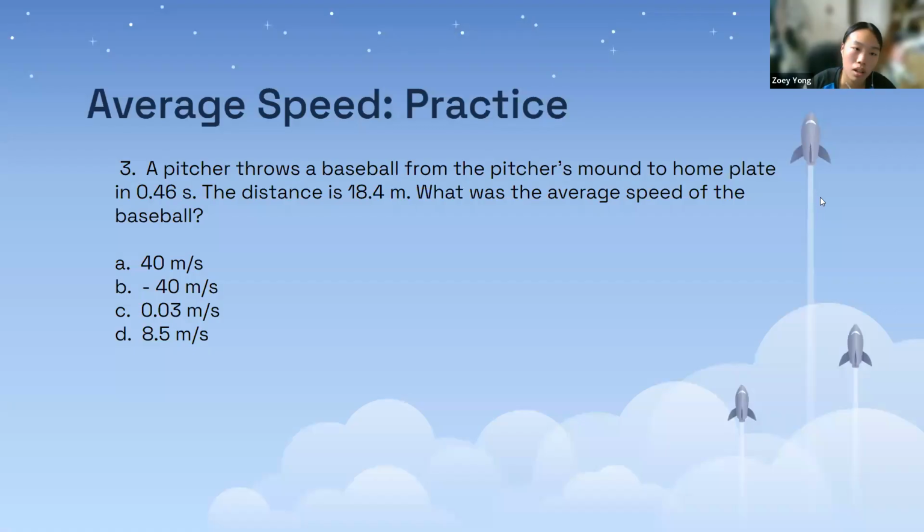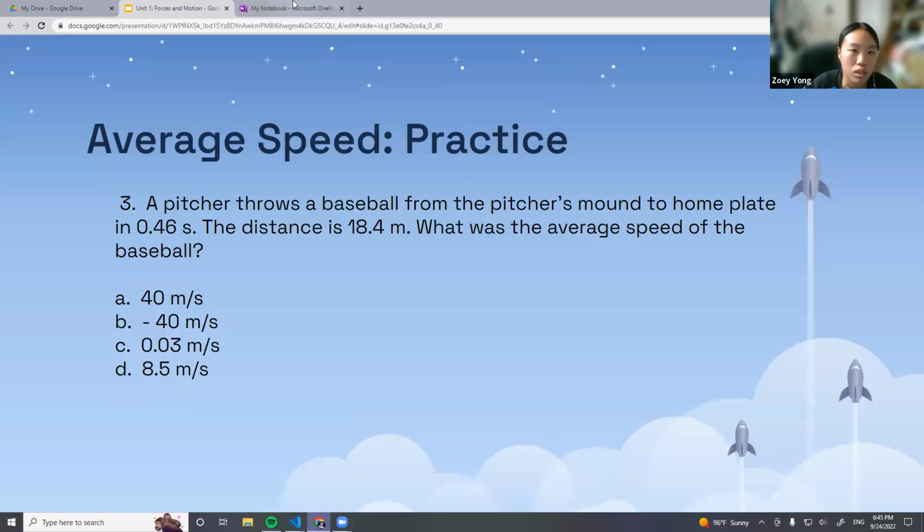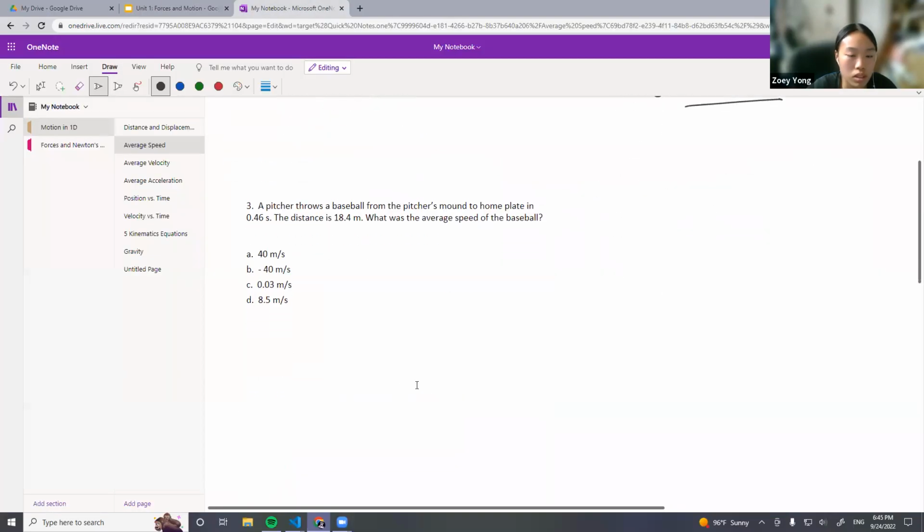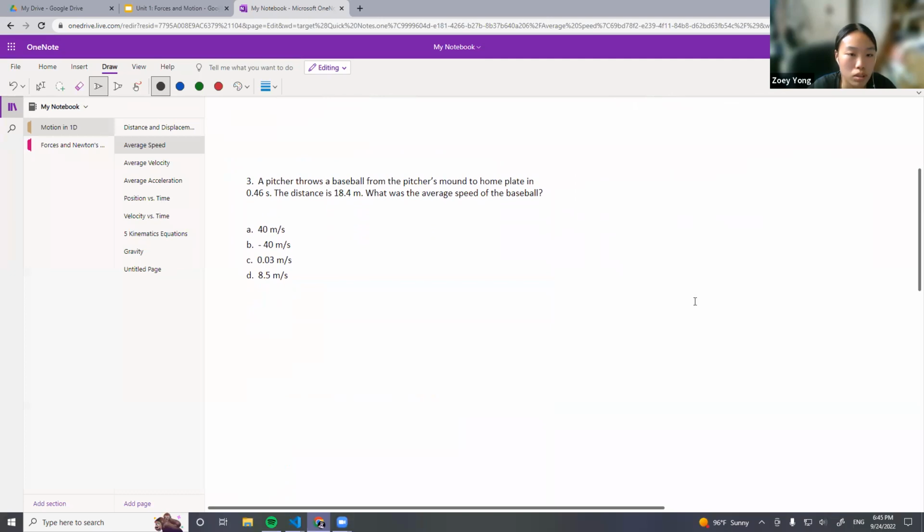I'm going to read it off over here. A pitcher throws a baseball from the pitcher's mound to home plate in 0.46 seconds. The distance is 18.4 meters. What was the average speed of the baseball? And remember, I'm going to write down the formula for you. Average speed equals distance traveled divided by change in time.